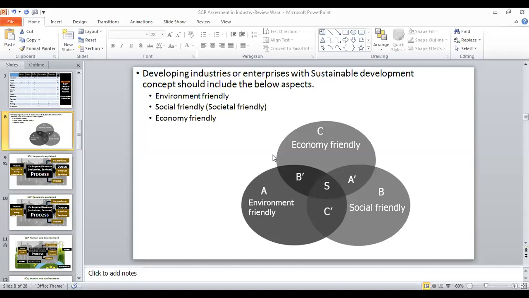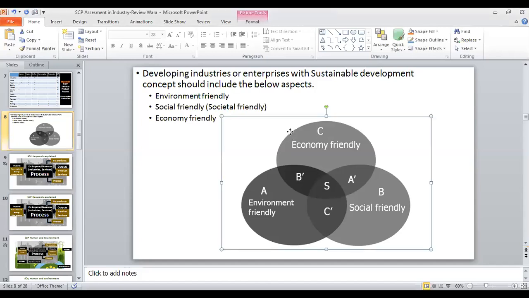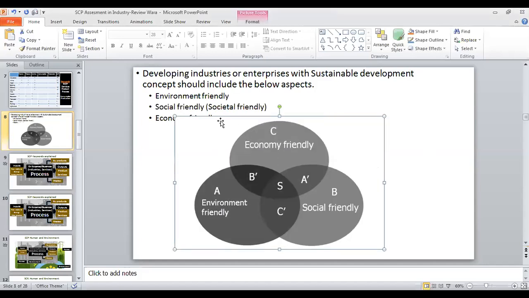Social friendly means the people aspect, the social aspect. And environmental friendly means the planet or the environment aspect. So it is very important.